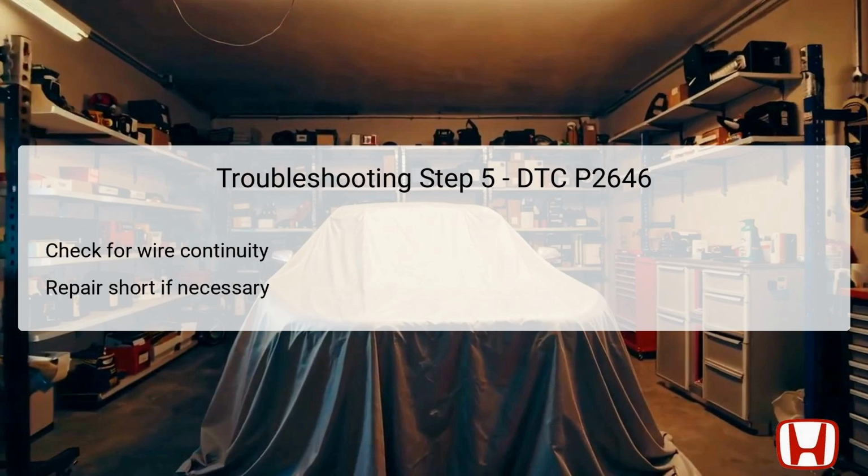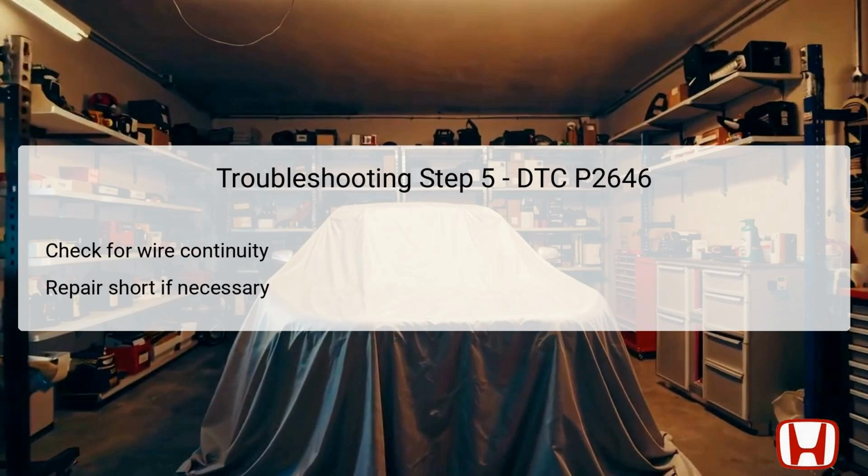With the PCM, Powertrain Control Module, Connector B disconnected, you will test for continuity between specified points, from pin 21 of PCM Connector B to a body ground. This verification process checks for any shorts that might be present along the line.